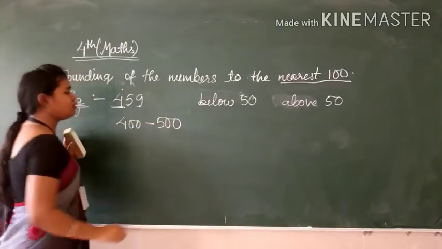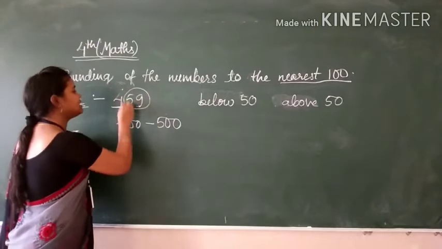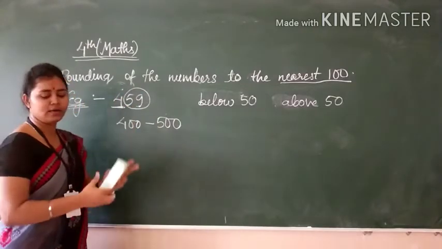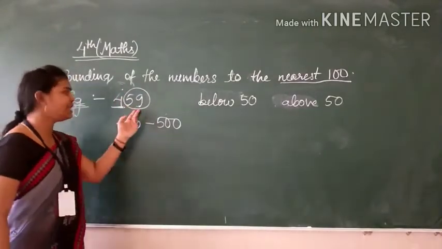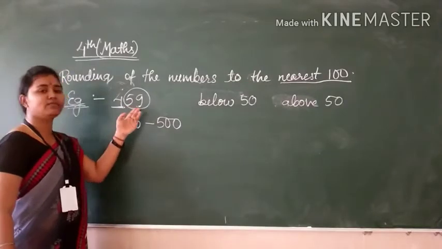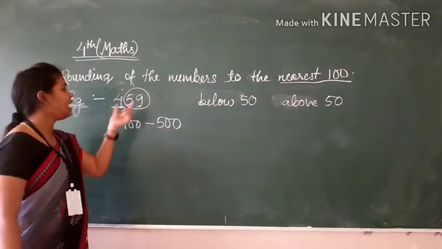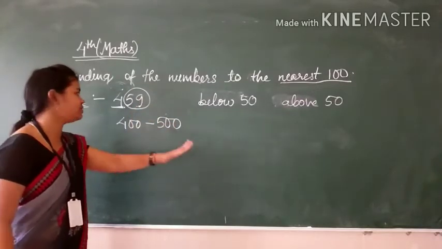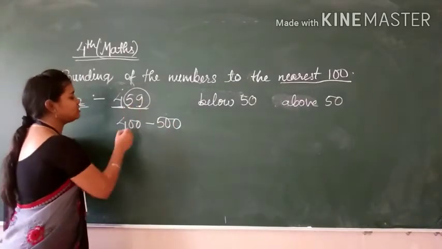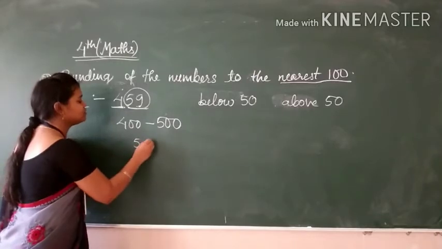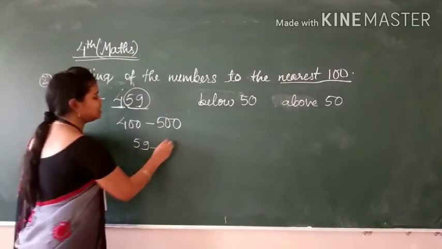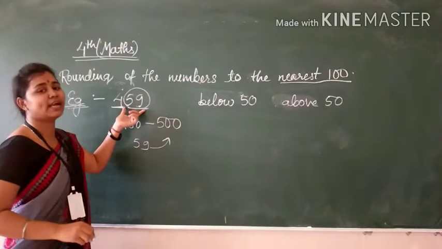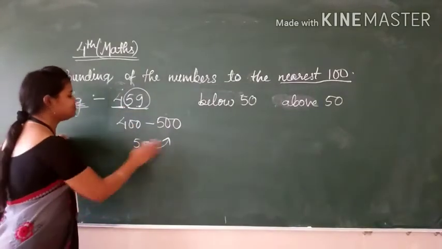Now if ones and tens, this number, is less than 50, then it will come to 400, and if it is more than 50, it will come to 500. So as it is 59, it will go to next, because it is more than 50.